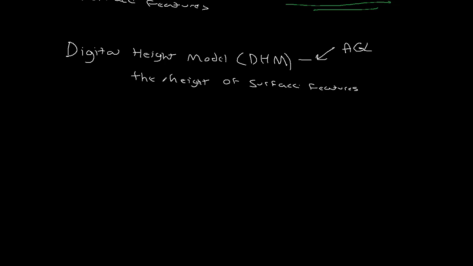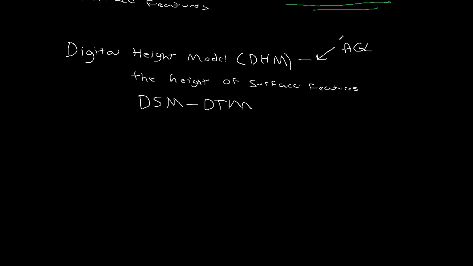The way we get this digital height model is by taking the DSM, the digital surface model we generated, and subtracting from it the digital terrain model. So this is the height including surface features minus the elevation excluding surface features. That gives us the height of the surface feature, which is the above ground level model. Just to recap, we have three different types of elevation data.